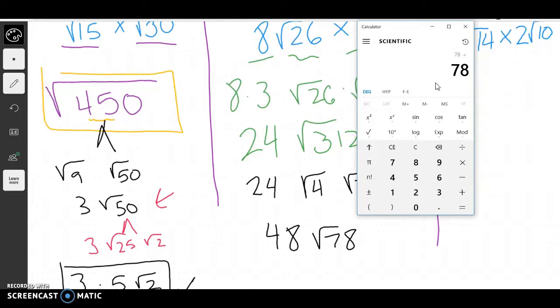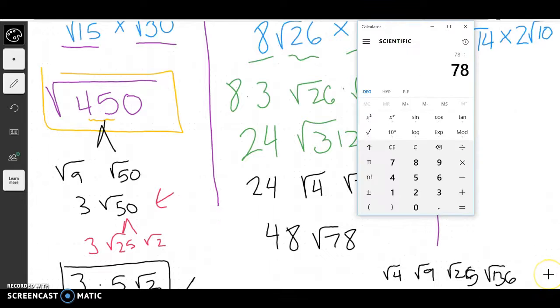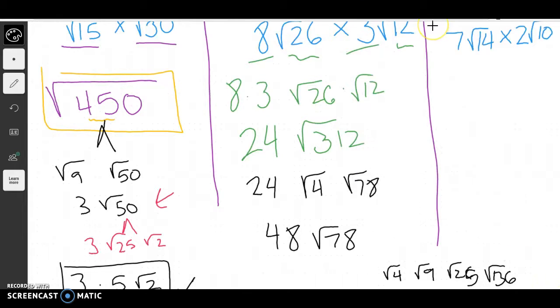Is it divisible by other perfect squares? So what I'm thinking about trying is 4, 9, 25. Well, I missed 16 in here, but 36. So we can try all these factors. Let's try 36. That's the only other one that I think might work. Nope. So 78 doesn't divide any further, and that would be my final answer.